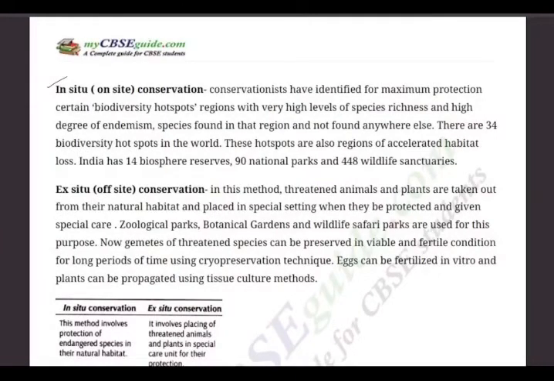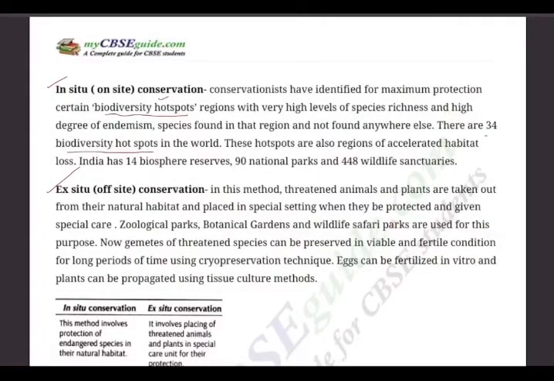As all of you know, the first one is in situ conservation, on-site conservation, and the second one is ex situ, off-site conservation. In in situ conservation, conservationists have identified for maximum protection certain biodiversity hotspot regions with very high levels of species richness and a high degree of endemism. Species found in that region are not found anywhere else.